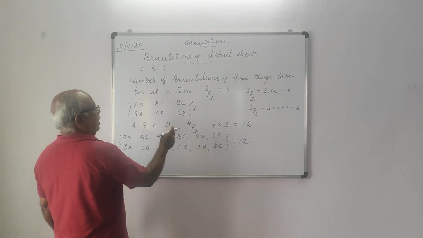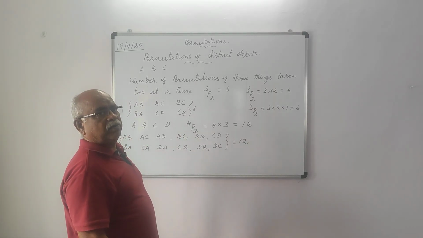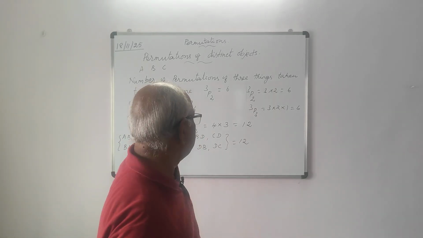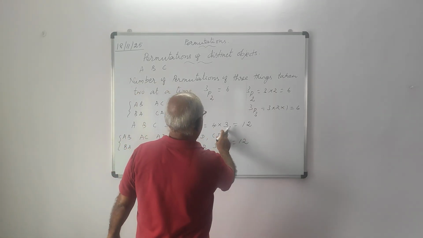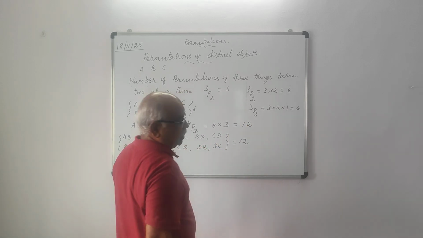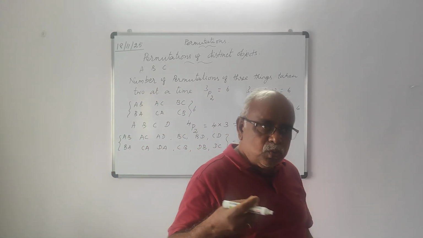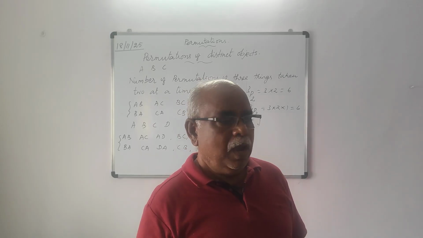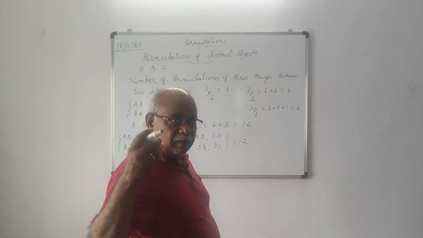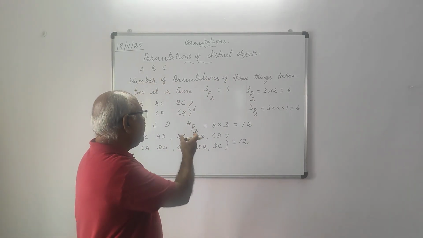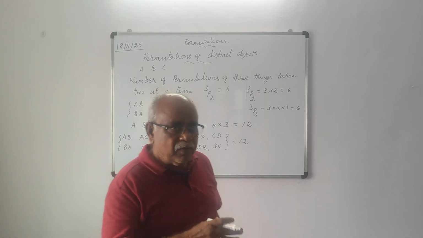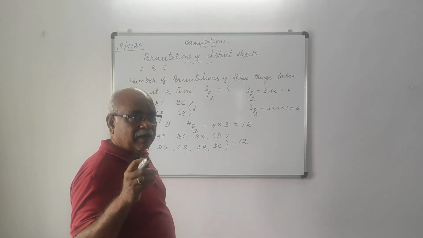So, the number of arrangements of 4 things taken 2 at a time is 4P2, that is 4 into 3, which is 12. Now I am going to give you some examples. First of all, I am going to derive a general concept through the examples only. We are going to arrive at a general concept.